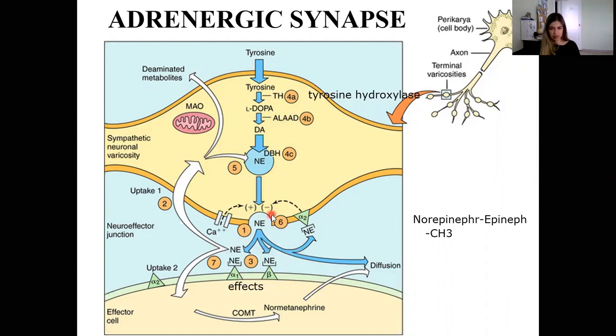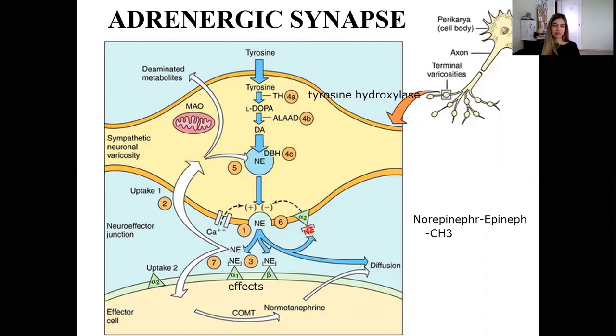Also, what else can it do? Norepinephrine can stimulate receptors not on the effector cell, but on the presynaptic membrane, so back on the cell from which it was released.